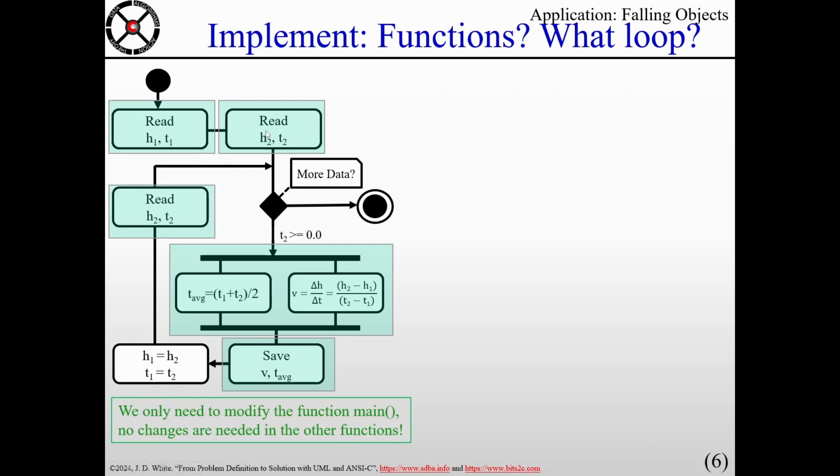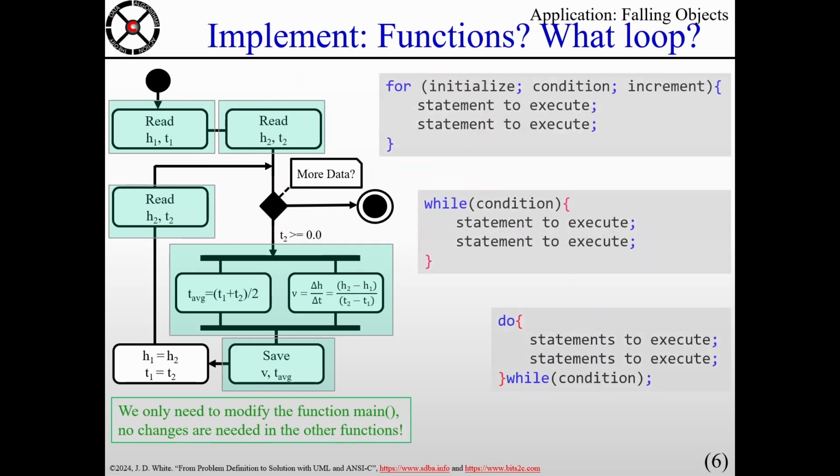None of these things am I going to modify. I just have to add a few things to the function main: this part, which puts H2 into H1 and T2 into T1, and I've got to add a loop structure. I'm not modifying any function other than function main.